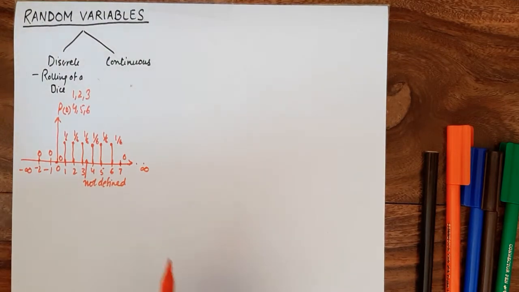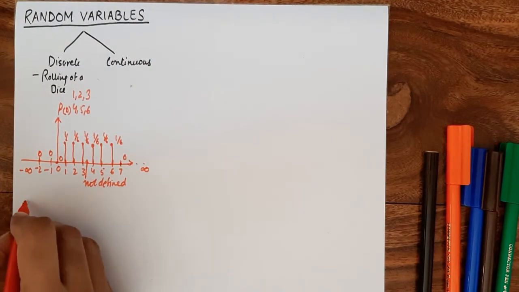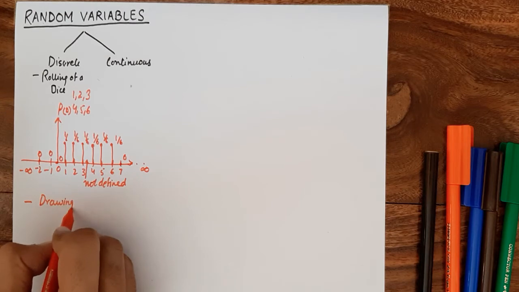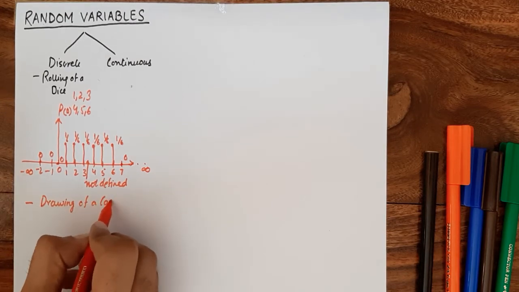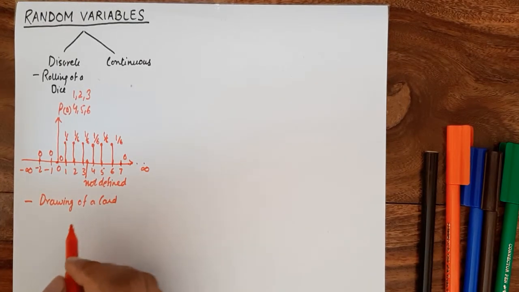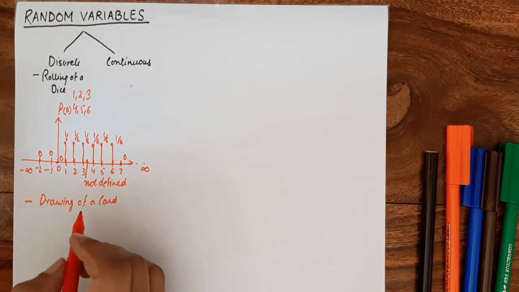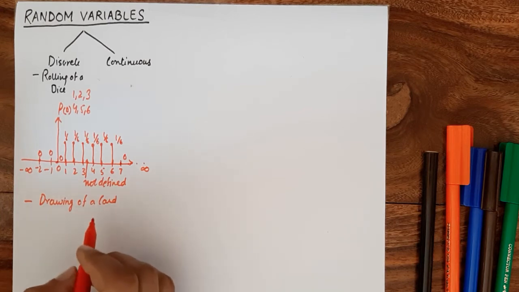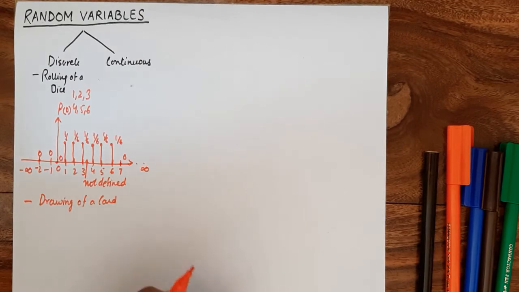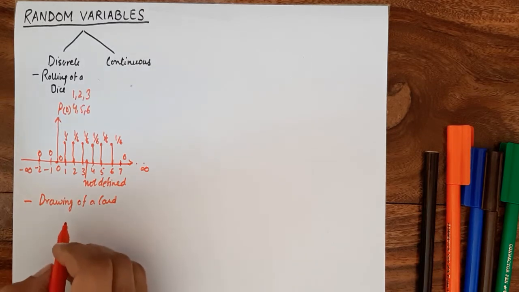Another example that we can take is the drawing of a card. And we know that if we were to draw a card from a shuffled deck, then the probability of occurrence of a particular number is 4 by 52.